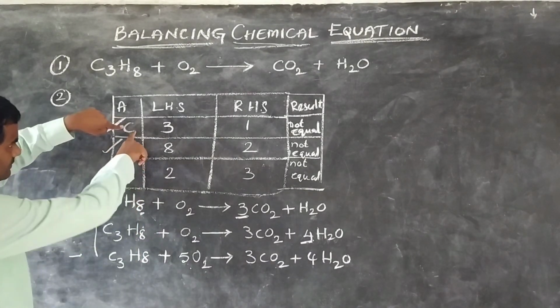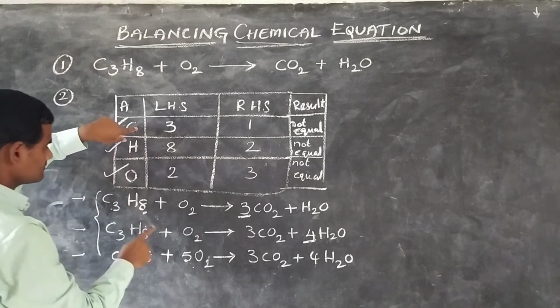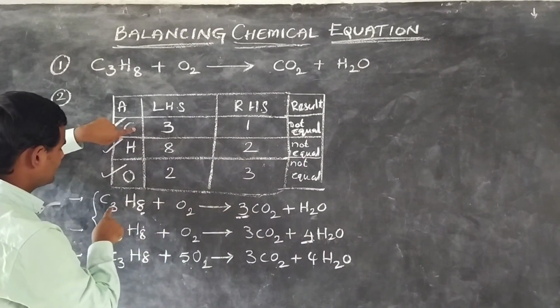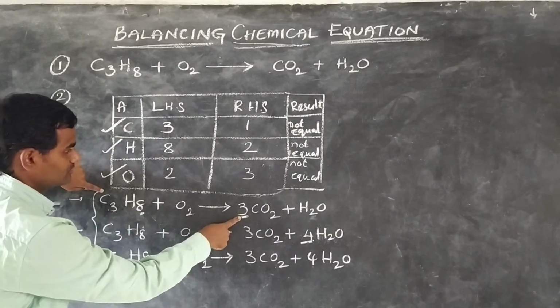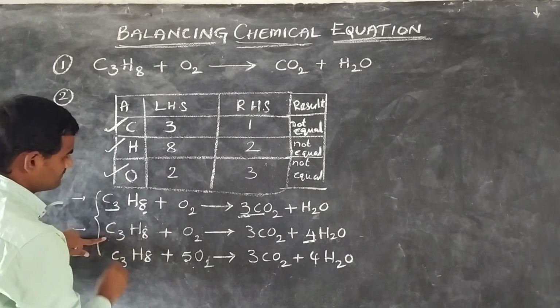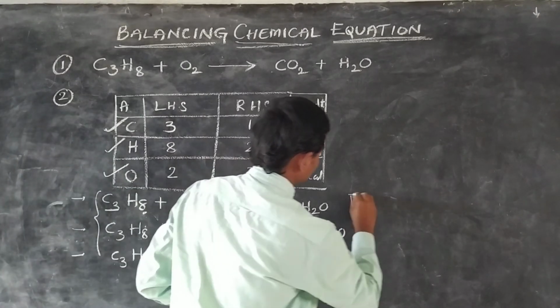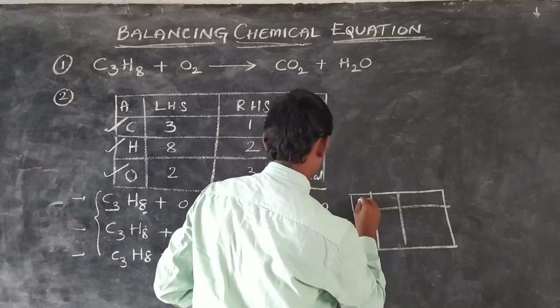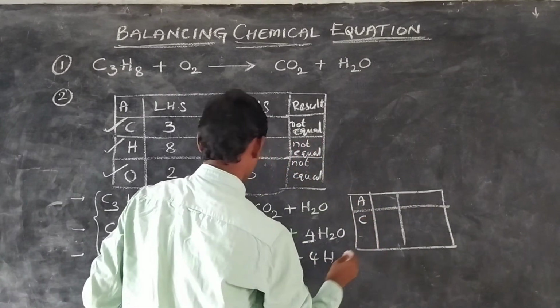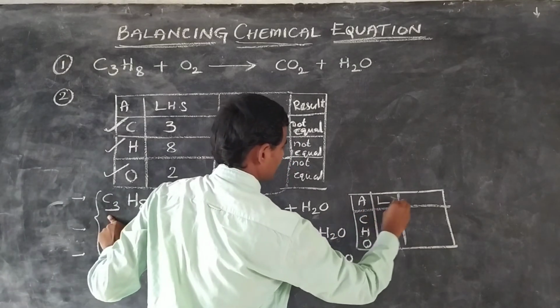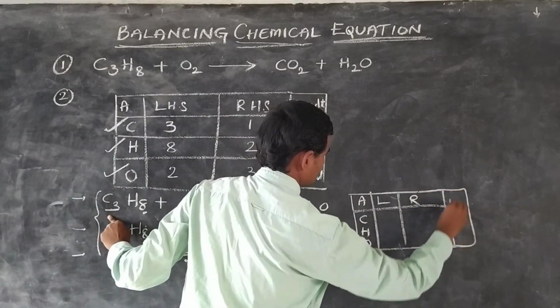After balancing, the number of carbon atoms is 3 here, and 3 here also. We will take one more table so that we can understand. So the atoms are carbon, hydrogen and oxygen, the number on the left hand side and right hand side, and the result.